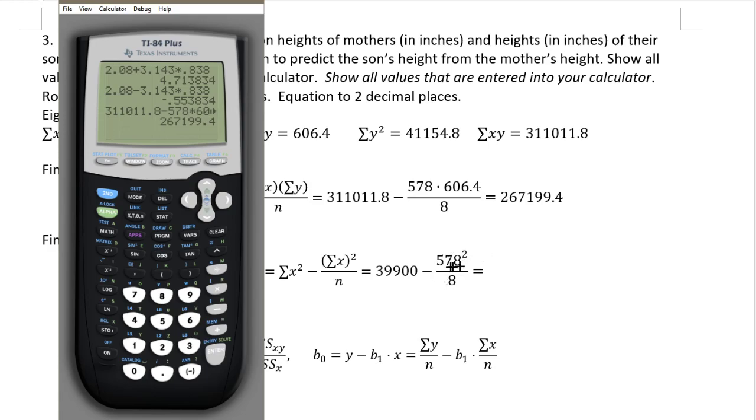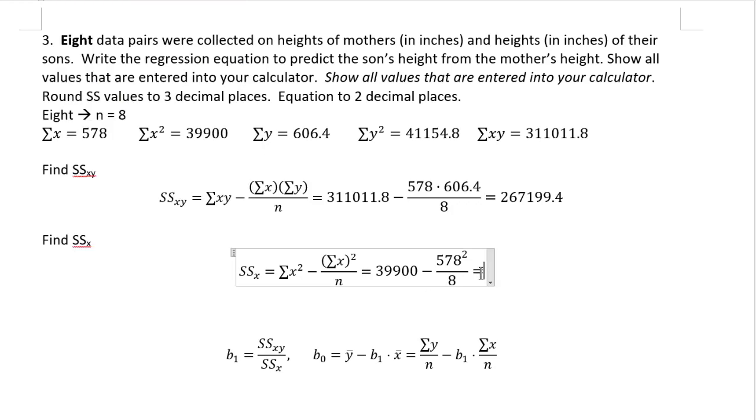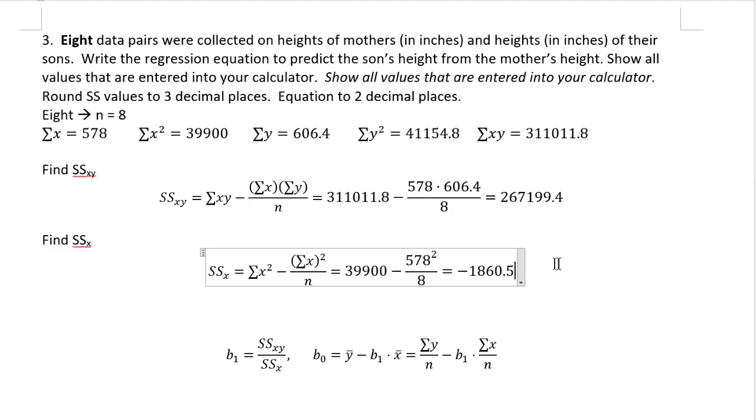Because of the order of operations, I think it's easier if you just put 578 times 578 rather than 578 squared. So that's what I'll do. You have 39900 minus 578 times 578 divided by 8. And you get negative 1860.5.